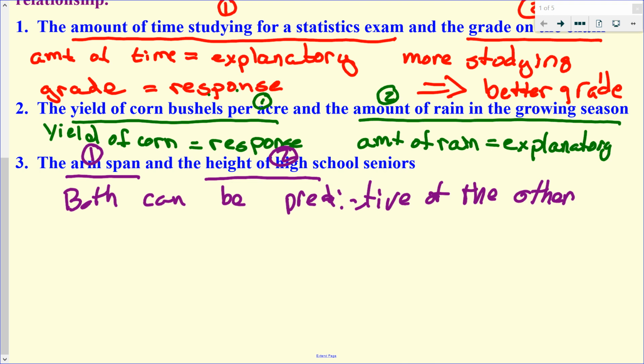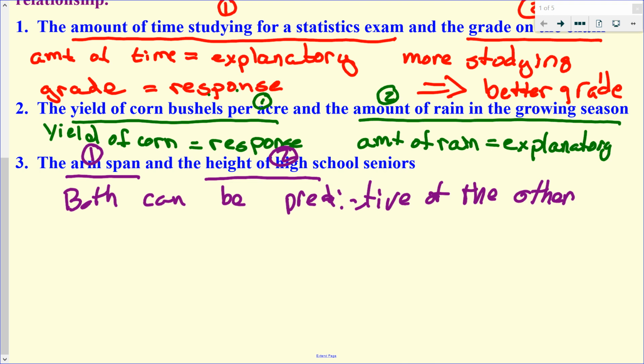Unlike the previous example, corn, just because you got a good yield of corn doesn't mean there was a lot of rain. There are other ways to provide water needed for corn to grow that wouldn't be rain. But in this case, arm span and height, taller people generally have longer arm spans.